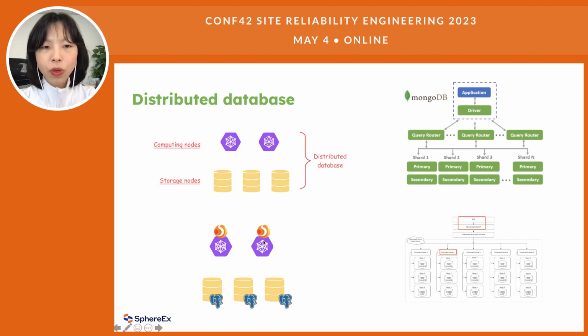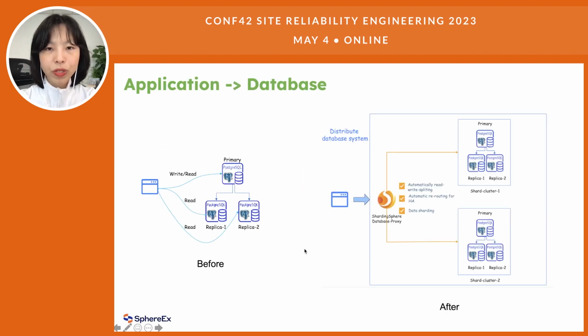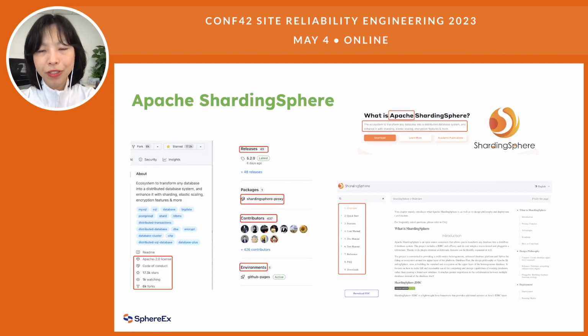Right? So who can be the computing node? That's an open source project, Apache ShardingSphere. I will give a brief introduction about it. It's actually a distributed database engine or a distributed database proxy, right?